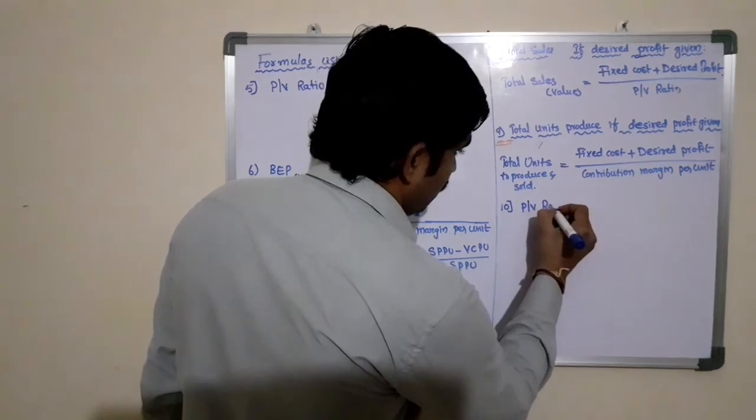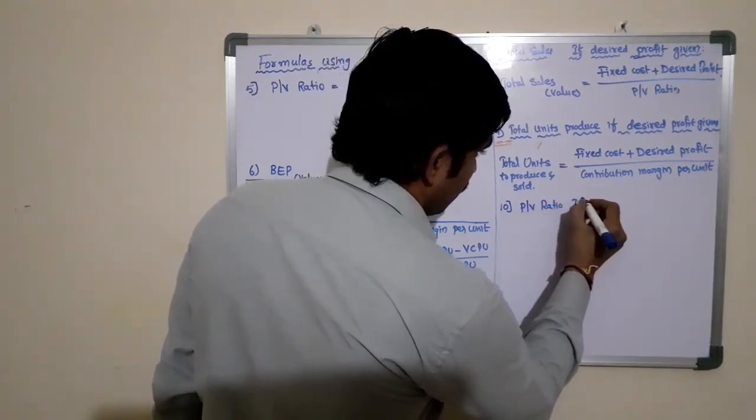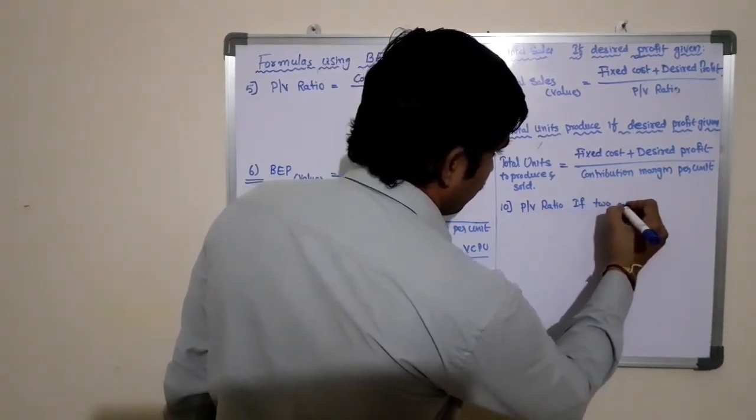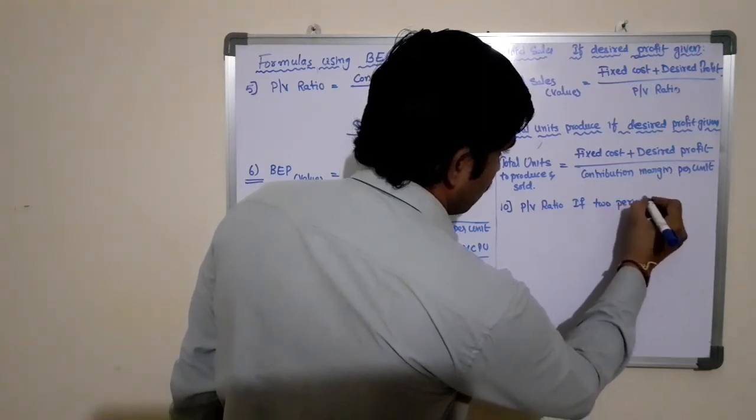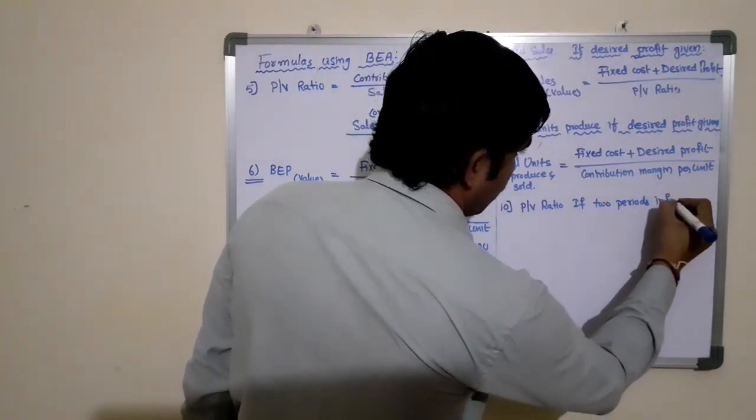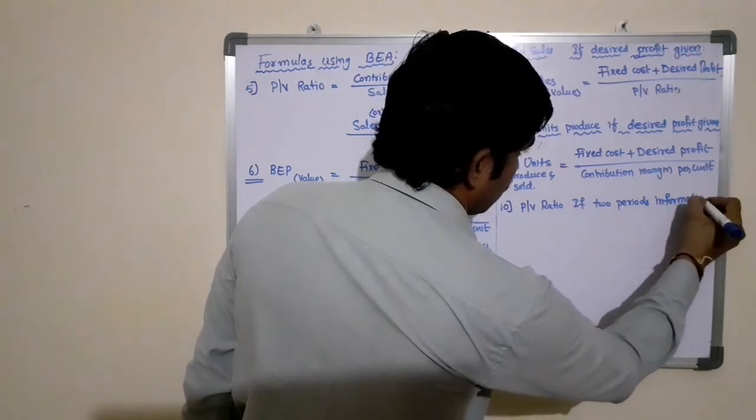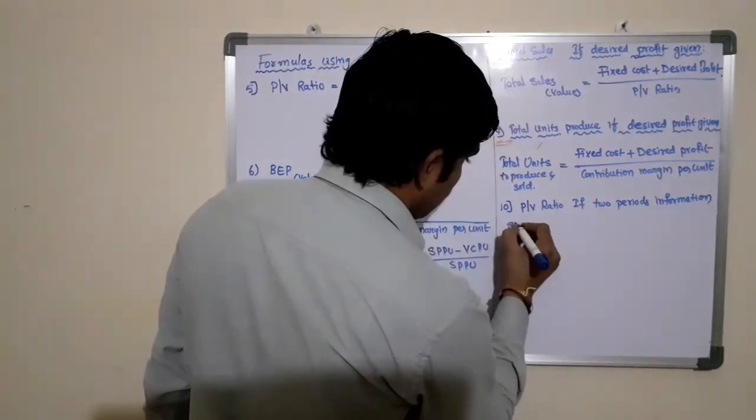calculation of PV ratio if two periods' information is given.